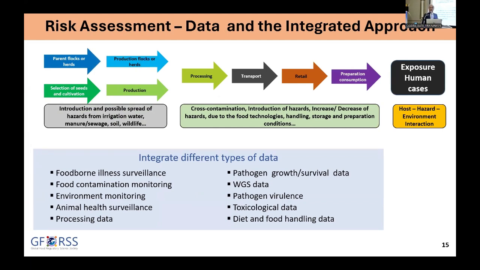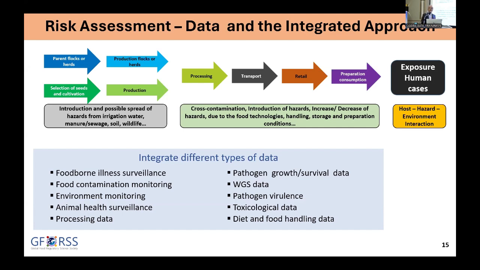Now, of course, risk assessment, and particularly the aspects of exposure, will vary in relation with a number of other parameters. The fact that the food is processed or unprocessed may change the occurrence and therefore may change the risk.